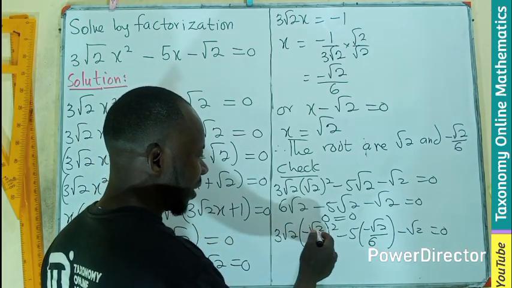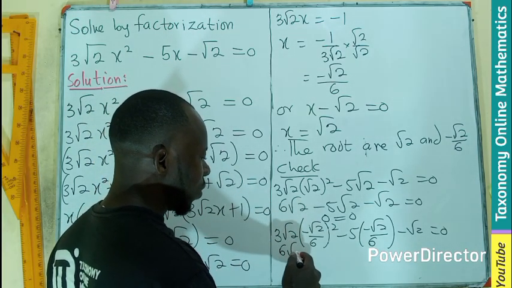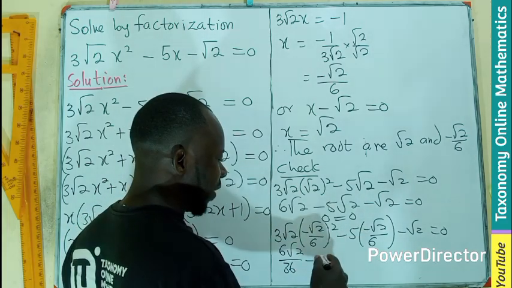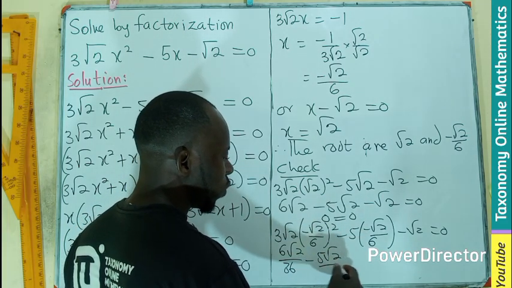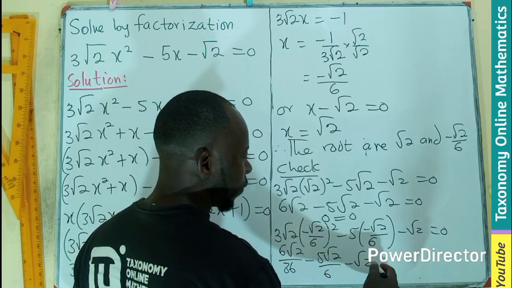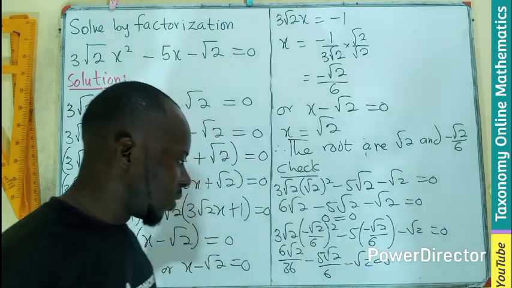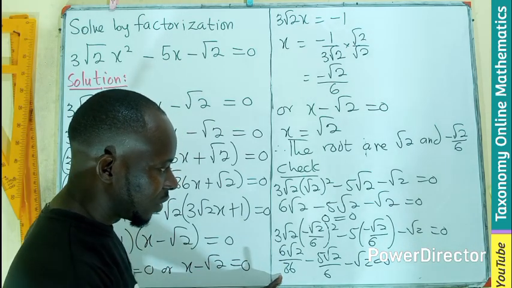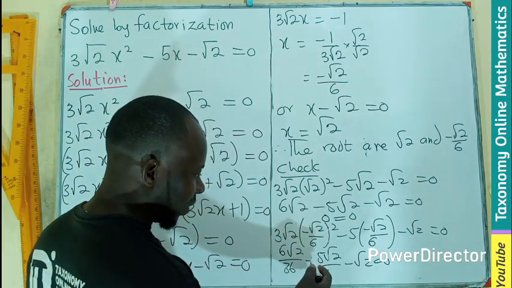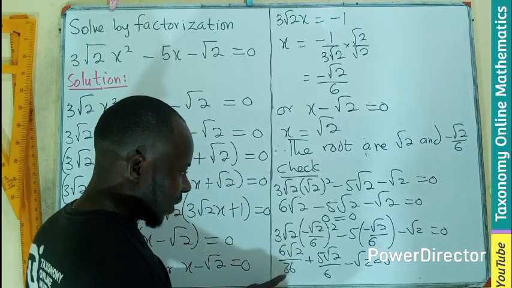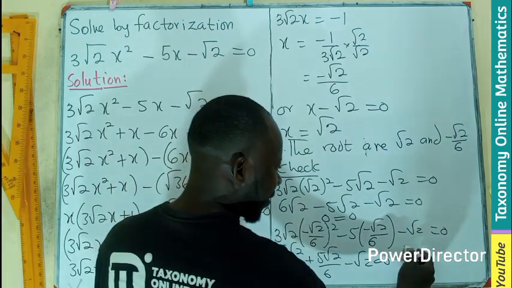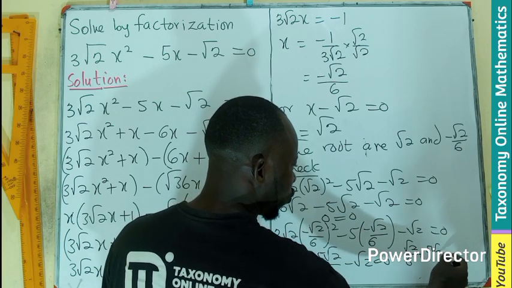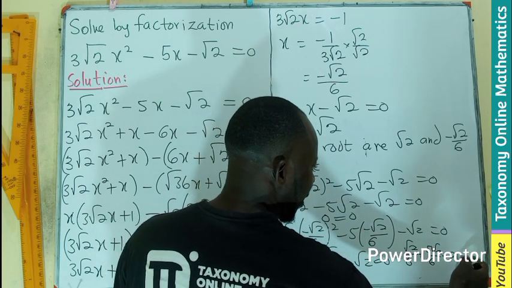So I should be having the positive 2 times this will be 6√2 over 36 minus negative, positive 5√2 over 6 minus the √2. So give us 0. So 6 will go here. 6 times negative here is positive. So I should be having 6, that is √2 over 6 plus 5√2 over 6 minus √2.